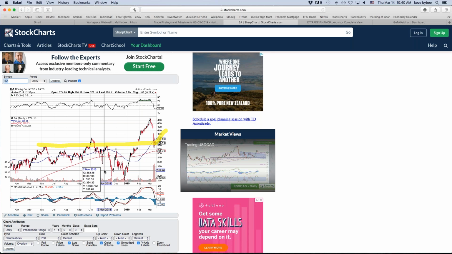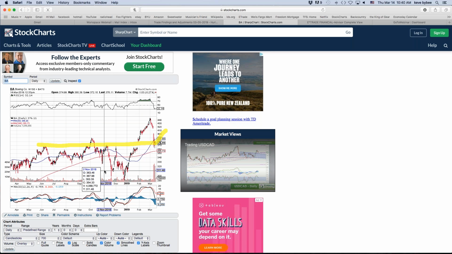If you know a little bit of news on it, Boeing had some issues with a couple airplanes, one in Ethiopia, and I can't remember what the other one was, but there were 2 crashes that they linked to possible problems with Boeing's new 737 MAX, and they're still investigating it, but obviously that's the reason behind the big sell-off.